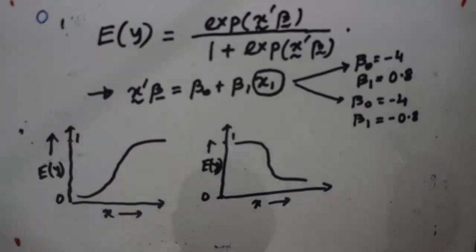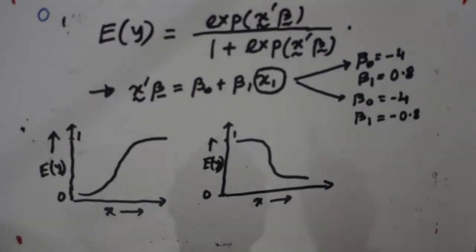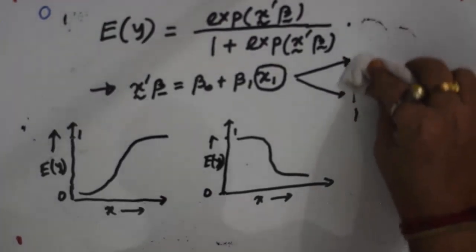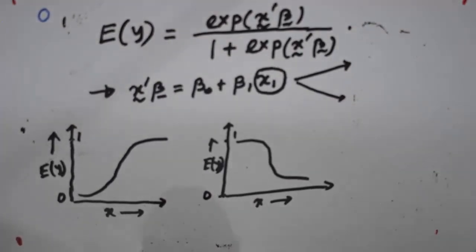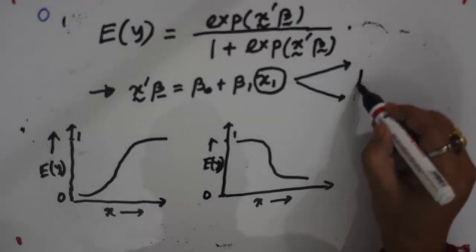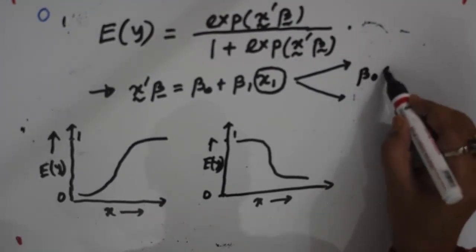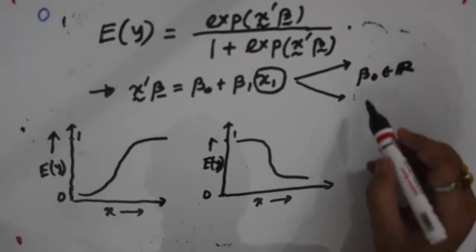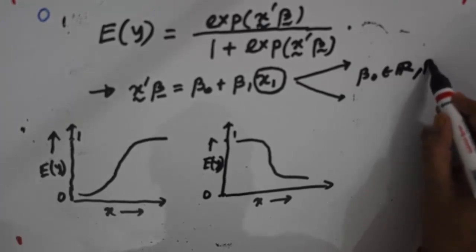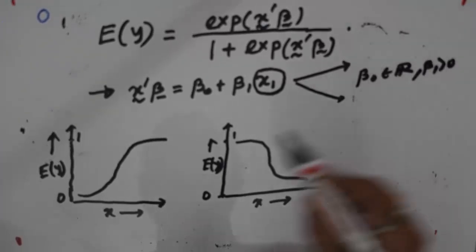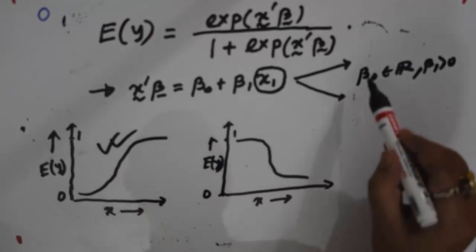So that means if we take beta naught any real value and beta 1 greater than 0, then you get this curve.